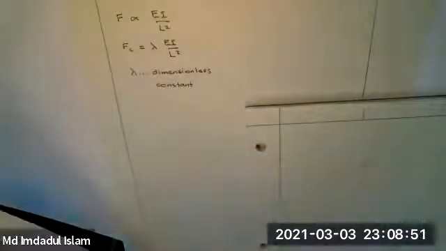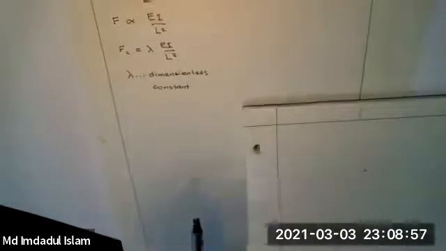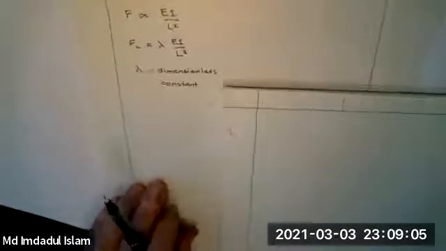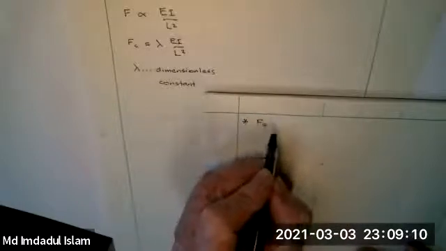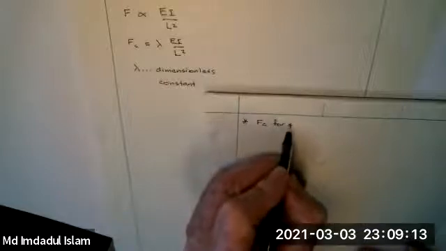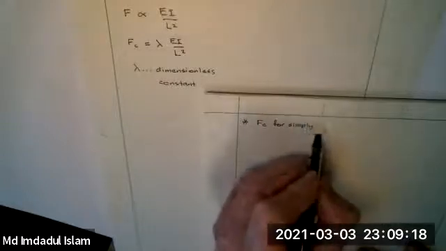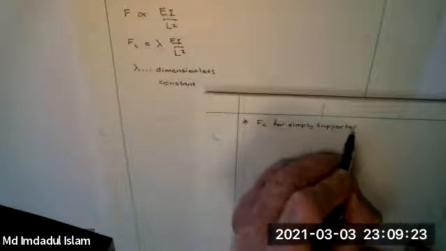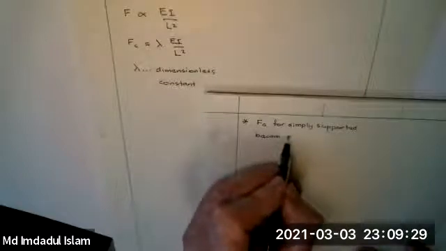So let me get what FC is for a simply supported beam, just like the ruler I demonstrated. I can do this for either a beam or a column.